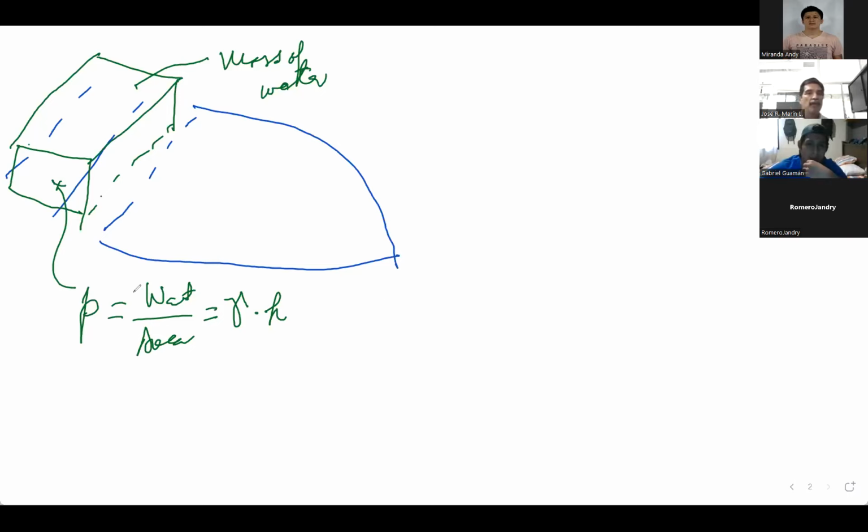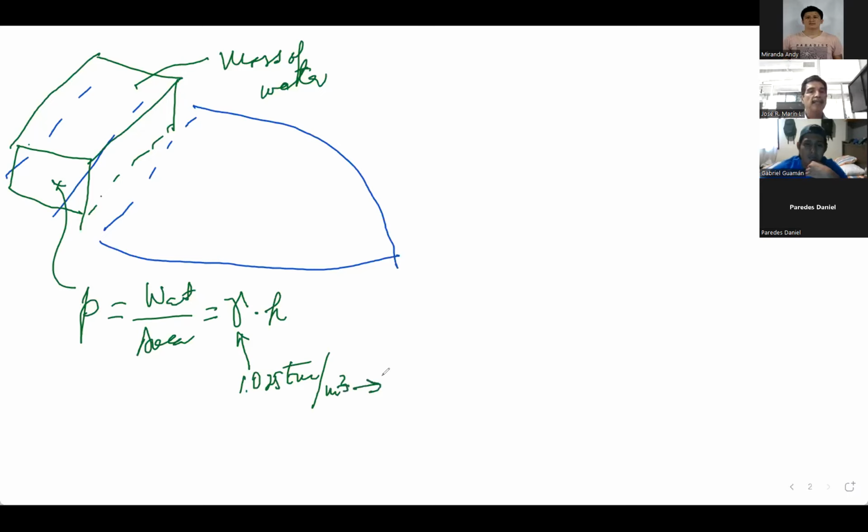Okay, so you have this pressure because you apply the formulation, and you want to check if this makes some sense or not. How much is this? Anybody remembers how much the specific weight of the water is? 1.025 tons per meter cube.